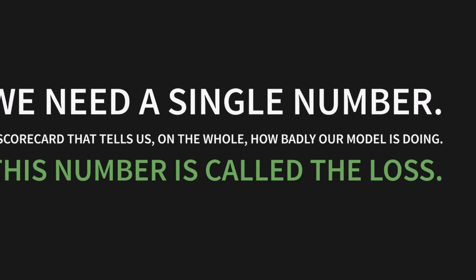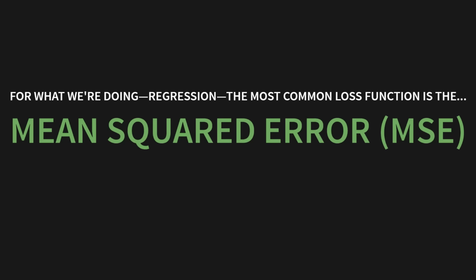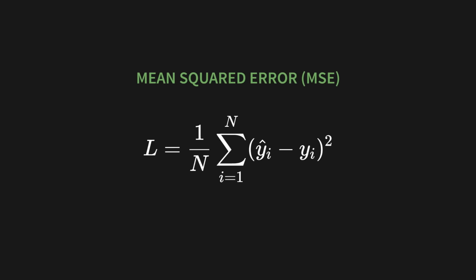Now, for what we're doing, which is regression, the most common loss function is the mean squared error, or MSE for short. The name sounds a little complicated, but I promise the idea is really simple. Let's look at the formula on the screen. We see L = 1/n times the sum of (y_hat - y)^2.